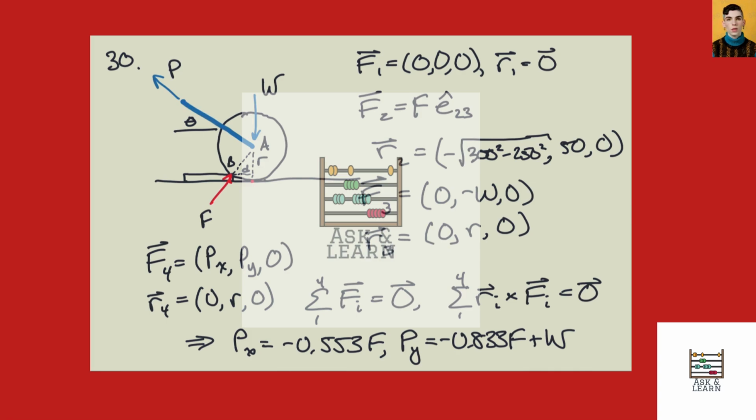So what we can do, again, I'm going to use this as my origin, and there's no force here because just as the wheel is about to lift up over, this force is going to go to 0. We can figure out that at that point this force is going to act basically towards the center of the circle.